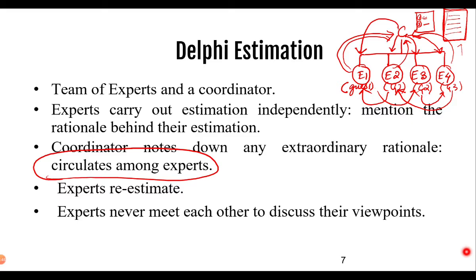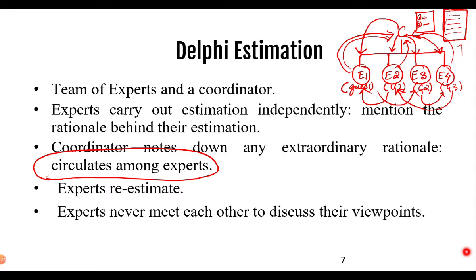It is something like a brainstorming session, where each of the individuals in a group is given the same project to evaluate, and they will give their views on it. However, the views will not be made public, and they will go to the coordinator.